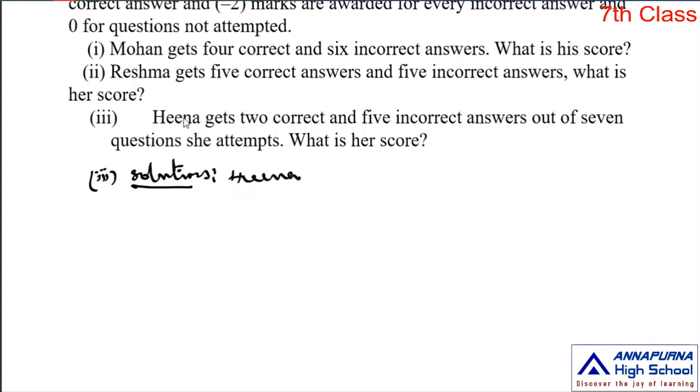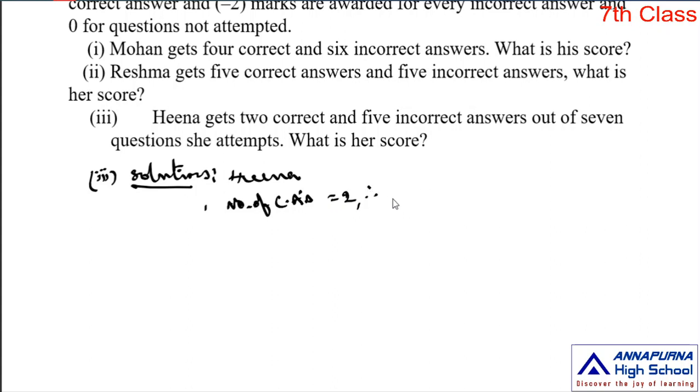Again, for every correct answer, 5 marks are awarded. For every incorrect answer, minus 2 marks are awarded. Hina gets 2 correct answers. Number of correct answers is equal to 2.